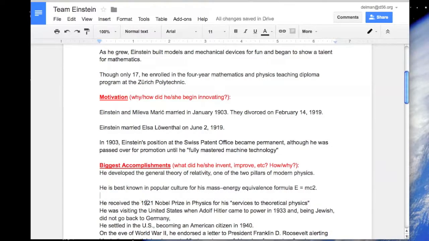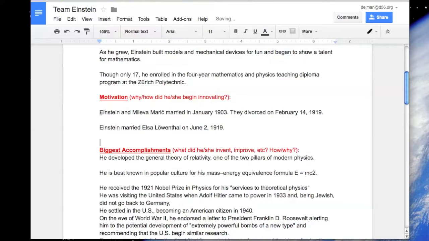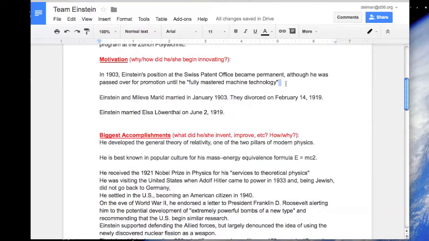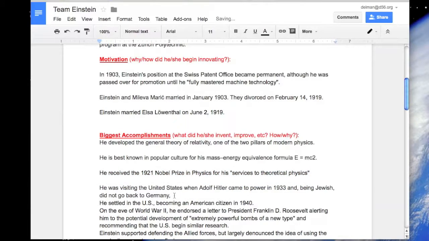He received the 1921. Okay, so 1921. Maybe this should go up as the first part in this section. And add a period. 1921. 1933, 1940.